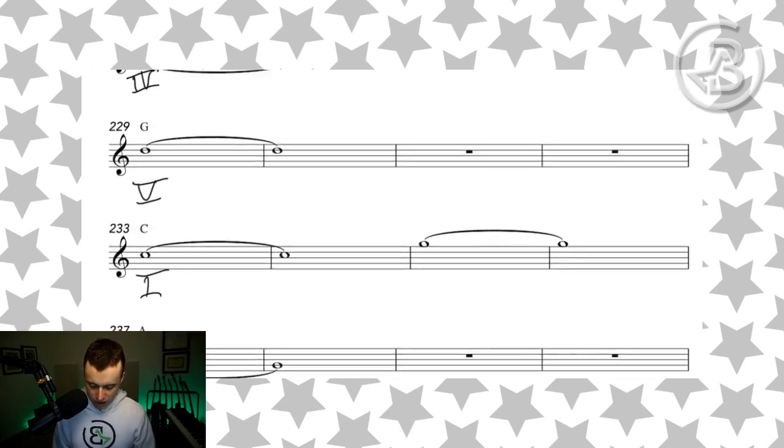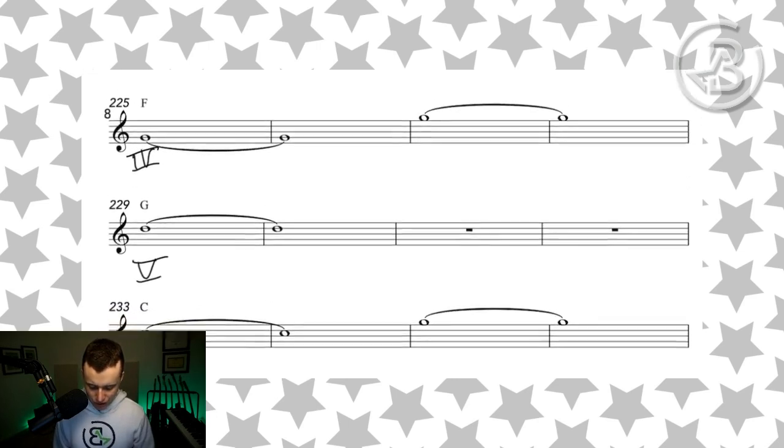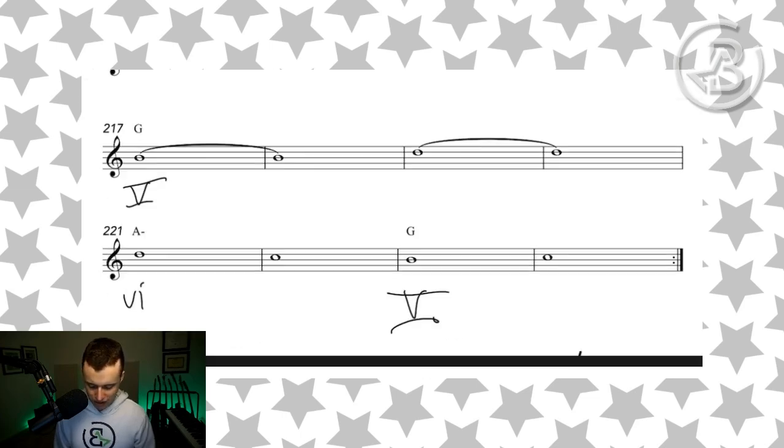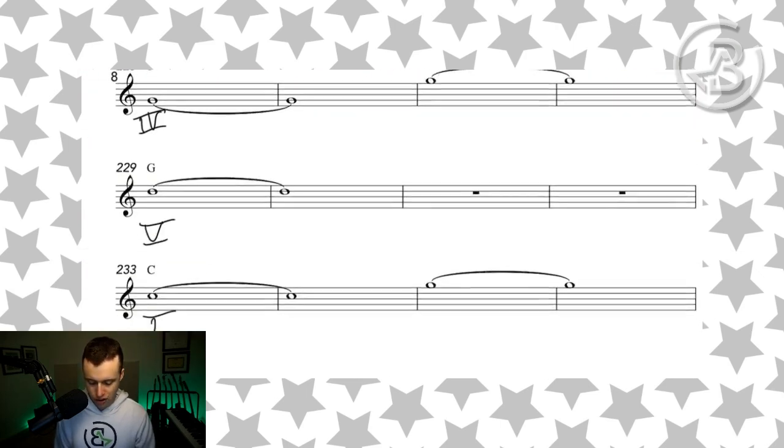Now, where we can see things change is really right towards the end, where the chords start to speed up even more. The fastest we've seen these chords go so far is 4 measures at a time. Now we're going to see them 2 measures at a time. See this? 2 measures of A minor, 2 measures of G major.